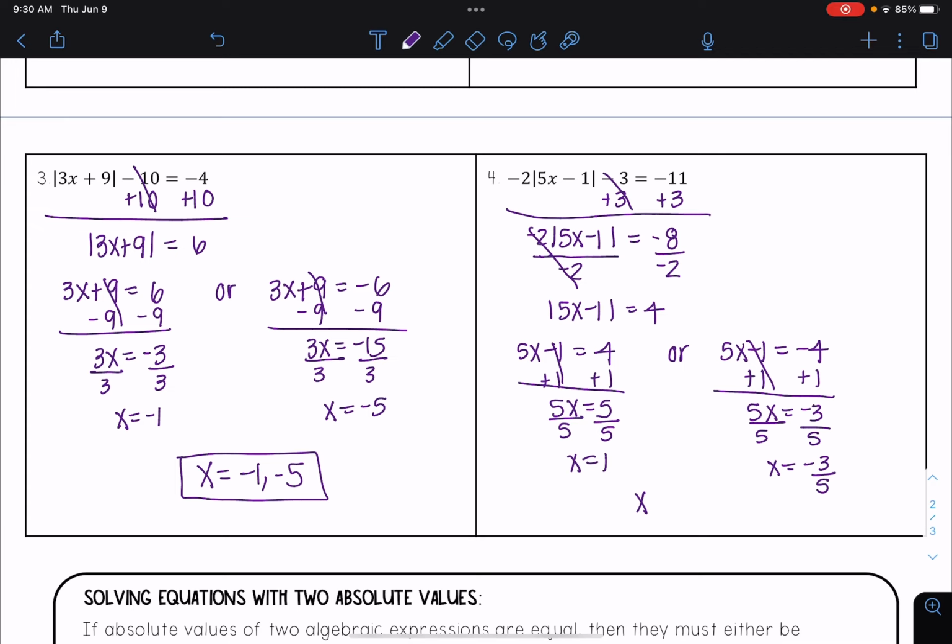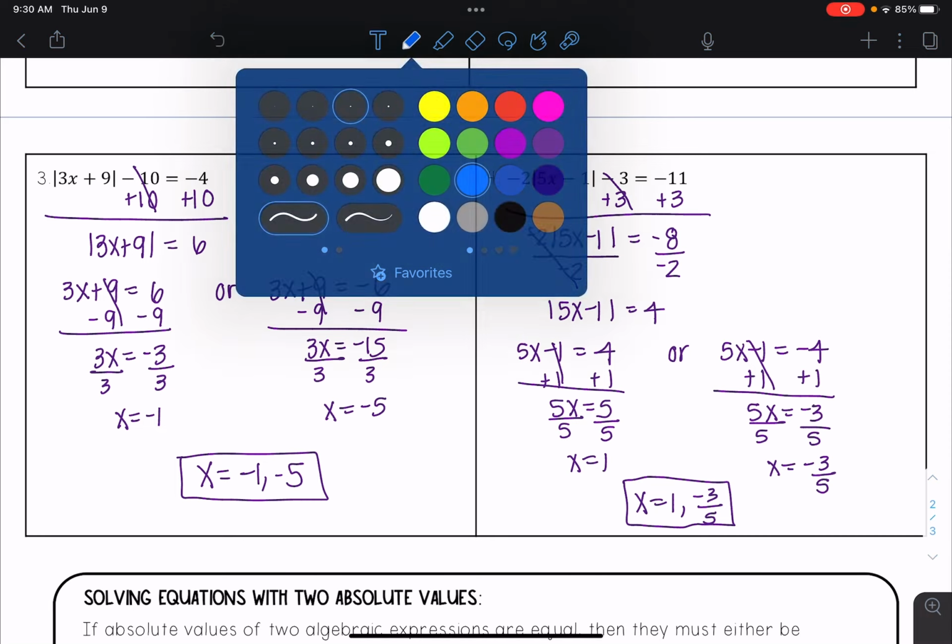And so my two answers are x equals 1 and -3/5.